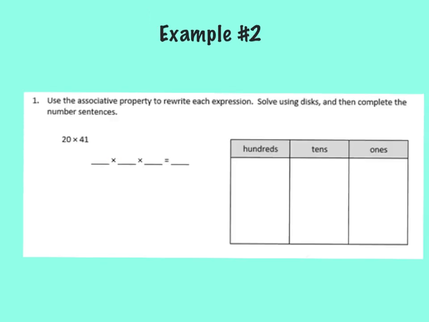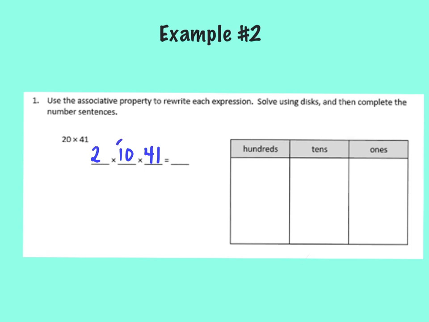Let's try another example. Use the associative property to rewrite the expression, solve using this, then complete the number sentence. 20 times 41. We can decompose 20 to be 2 times 10 times 41. Since 41 is the largest number in this expression, we want to add this one into our place value chart.